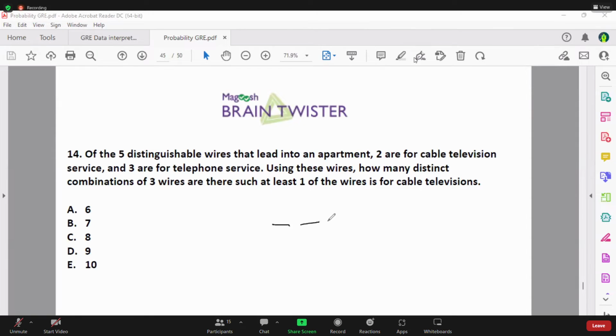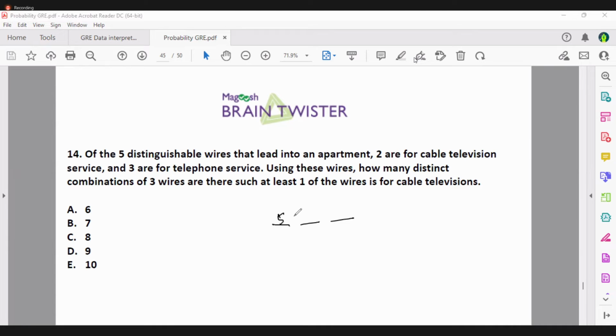Okay, so 3 wires you have to choose. So basically 5 into 4 into 3. There are 5 distinguishable wires, so you have 5 options in the first, 4 options in the second, and 3 options in the last.